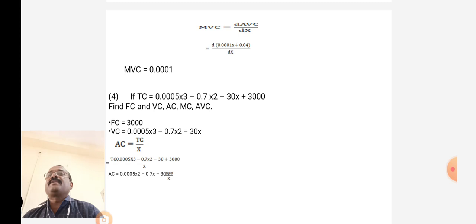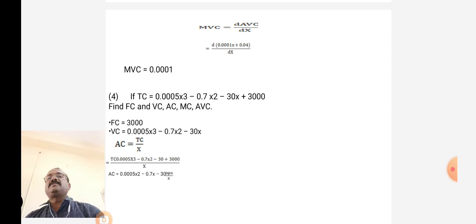Here fixed cost is 3000 rupees, variable cost is 0.0005x³ minus 0.7x² minus 30x, where AC equals TC divided by x.